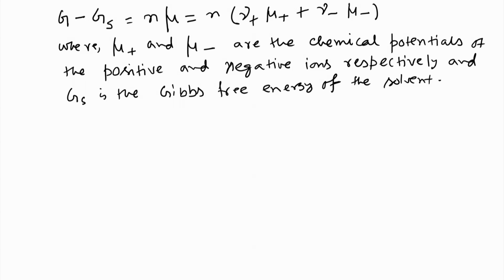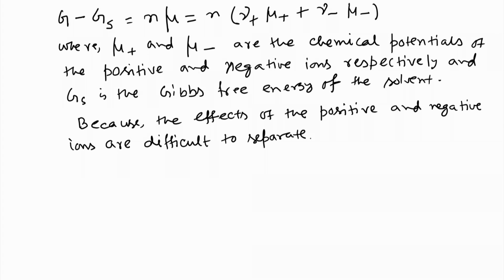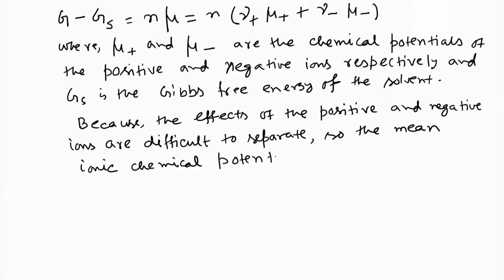Because the effects of positive and negative ions are difficult to separate, we need to consider the mean ionic chemical potential, which we define by mu plus minus.